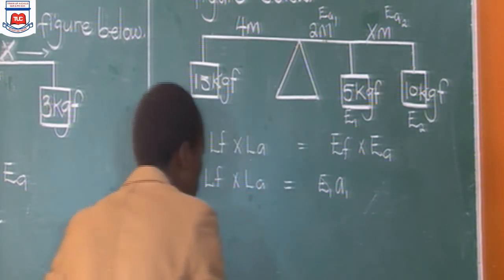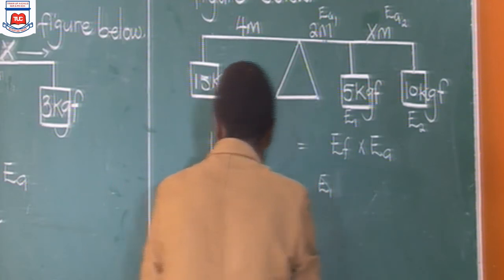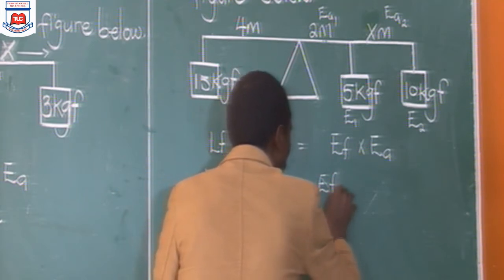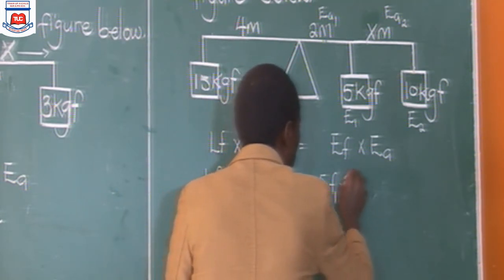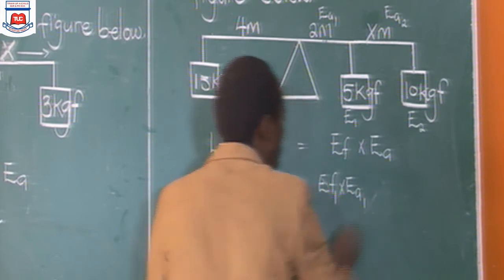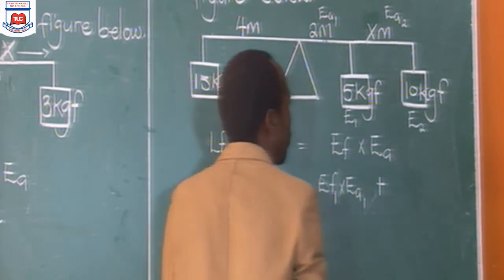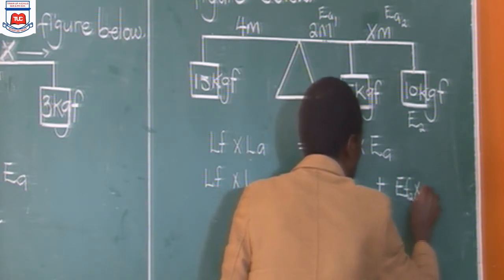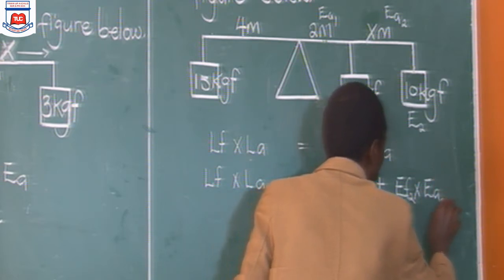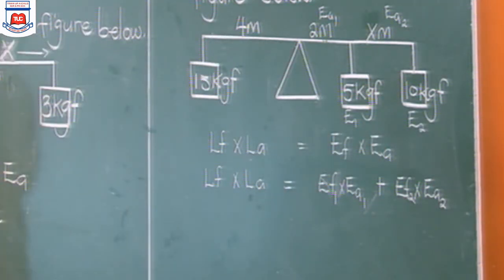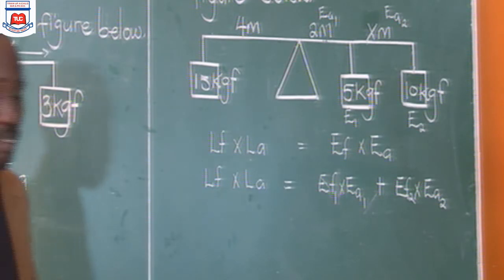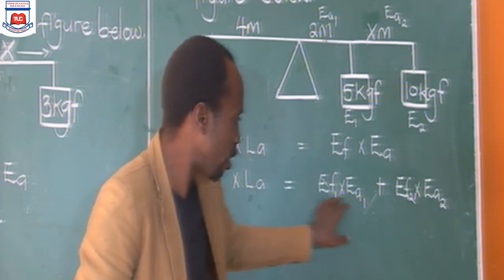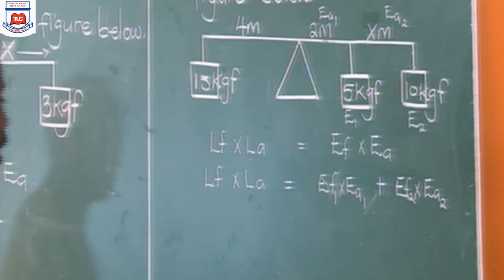Oh, sorry, this should be effort force 1, multiplied by effort arm 1. We shall then add effort force 2 times effort arm 2. Be careful here. This one really confuses many candidates and they end up losing out marks. So the issue is very simple. You are going to see as we go ahead.